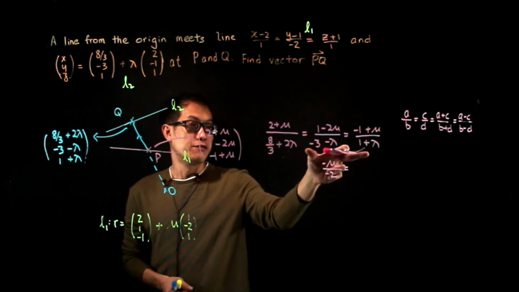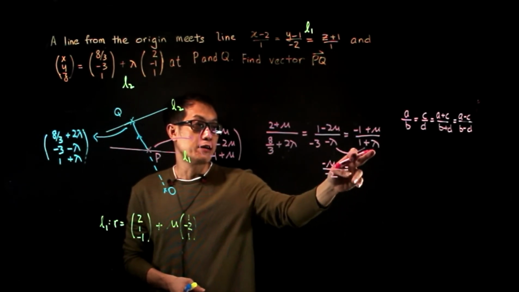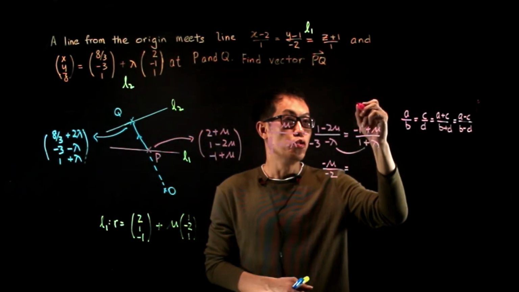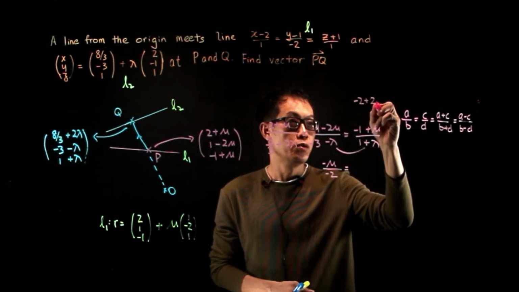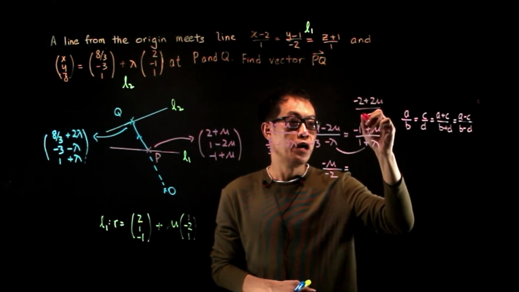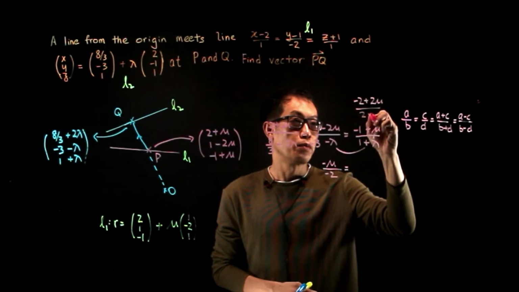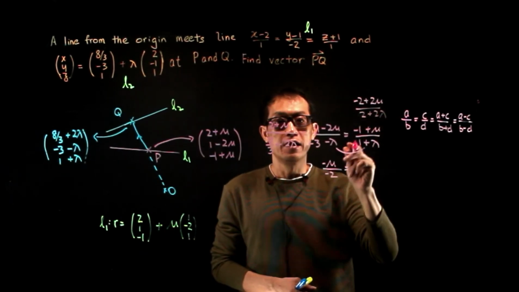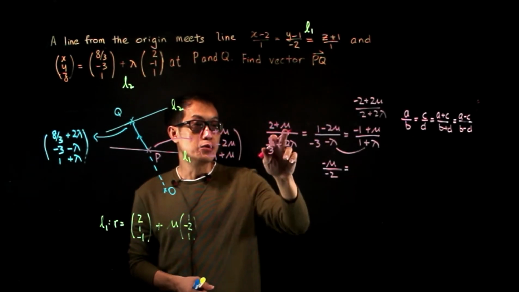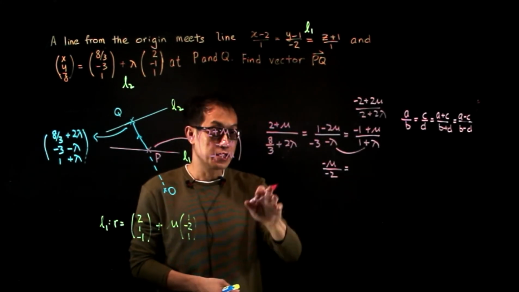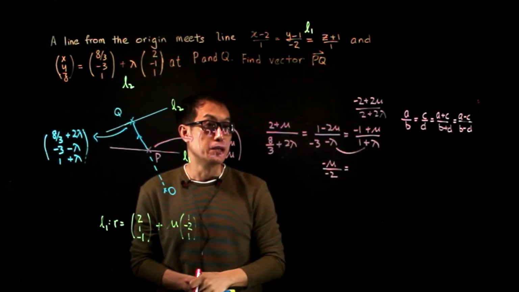Now let's get rid of lambda also. Now how to get rid of lambda? This one I multiply by 2. So I have minus 2 plus 2 mu over 2 plus 2 lambda. Then I use this minus this, so the numerator minus the numerator, denominator minus the denominator.